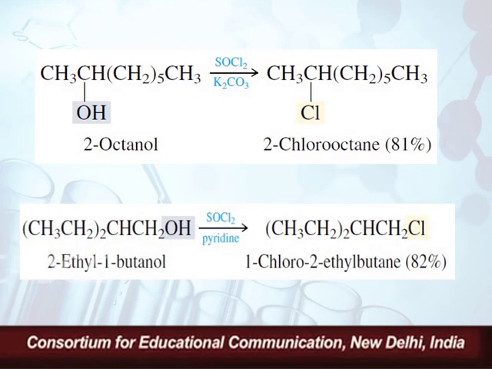So here we've shown the reaction of 2-octanol with thionyl chloride when 2-chlorooctane is formed in 81% yield. Similarly, if we carry out the reaction of a primary alcohol, that is 2-ethyl-1-butanol, with SOCl2 in pyridine, we get 1-chloro-2-ethylbutane in 82% yield.